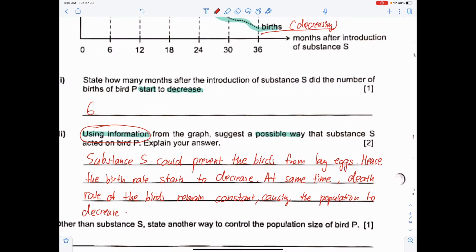If you flip it to another scenario whereby birth rate drops and death rate also drops, population won't drop, because the number of birds hatched decreases, but the death rate also decreases. So in a way, the general population doesn't decrease. But if the death rate remains the same or high, and your birth rate drops, then the birth rate is not fast enough to replace the deaths of the birds, and the overall population will drop.